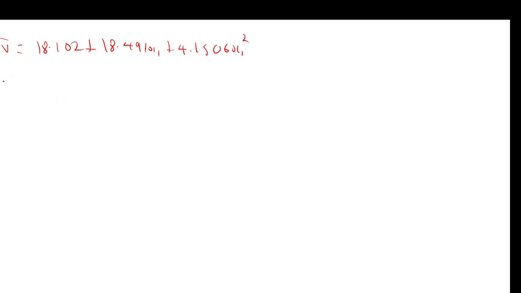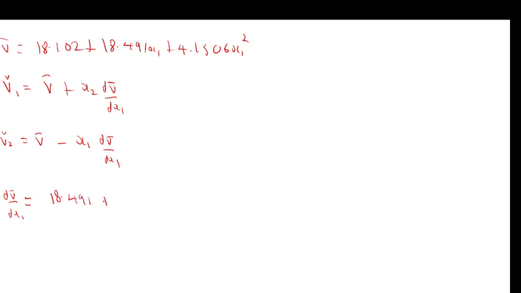So we know that if it's v1, it's going to be v plus x2 dv dx1, and if it's v2, it's going to be v minus x1 dv dx1. So we'll find dv dx1 first. So that's going to be 18.491 plus 2 times 4.1506 x1. Now I can put this into these two expressions here.